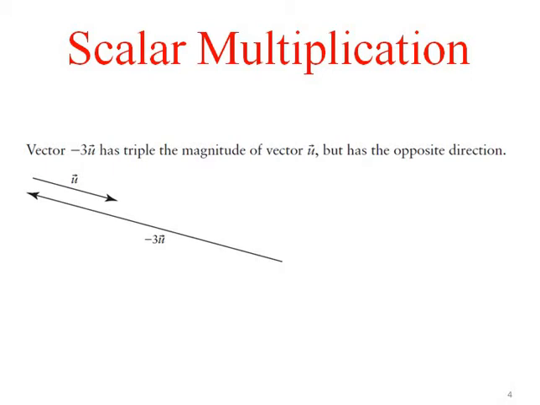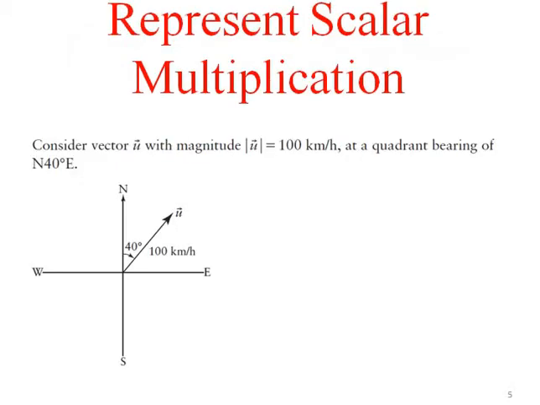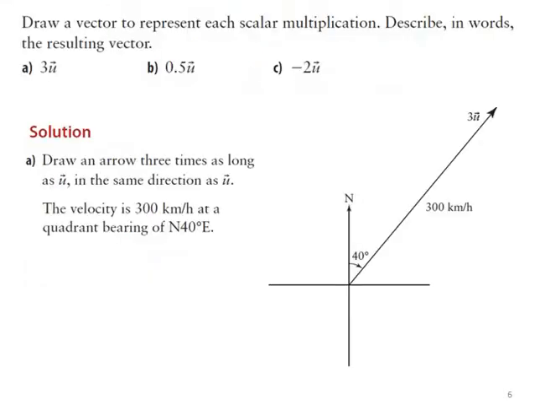Let's see another example. In this example, it asks us to represent scalar multiplication. Consider vector u with magnitude of 100 kilometers per hour at a quadrant bearing of north 40 east, as you see in the picture. It asks us to draw a vector to represent each scalar multiplication, described in words as follows: 3u, 0.5u, and negative 2u.